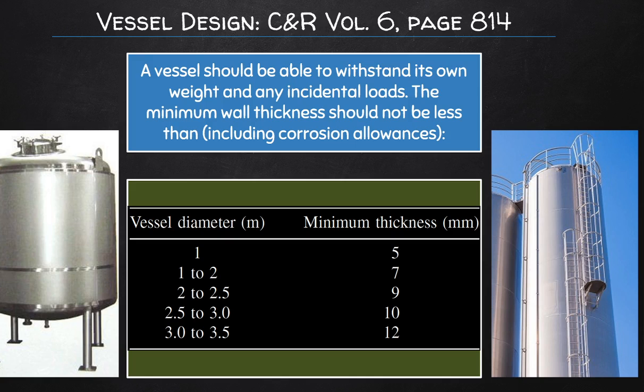The following heuristics are used to determine the minimum wall thickness for vessels, excluding the additional constraints that are then going to be imposed by the operating conditions of the fluids themselves.